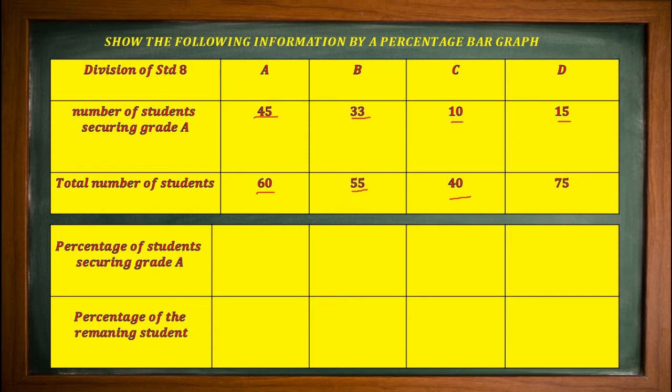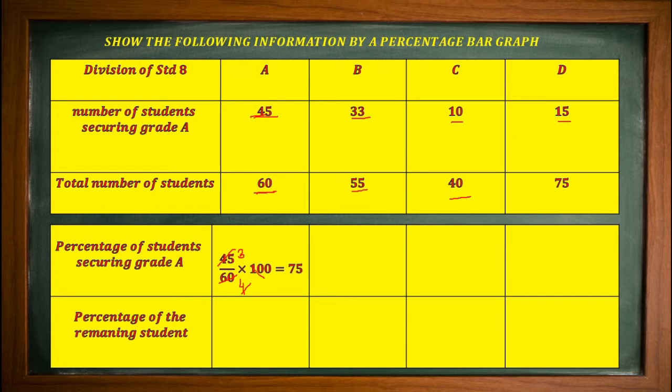First, we point out the percentage of students securing grade A. 45 upon 60 into 100. 15 threes are 45 and 15 fours are 60.